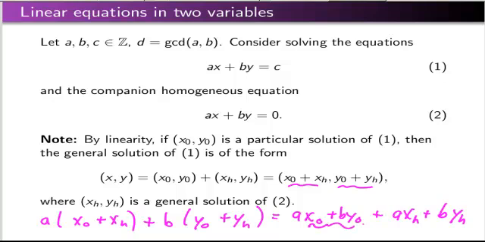Okay, that's the particular solution, so that one adds up to c. And this is a homogeneous solution, so that adds up to 0, and so we just get c coming out. So we can always get the general solution to the non-homogeneous equation by taking any particular solution and adding on an arbitrary solution to the homogeneous equation.